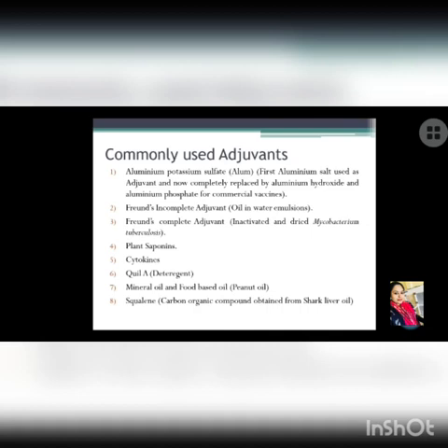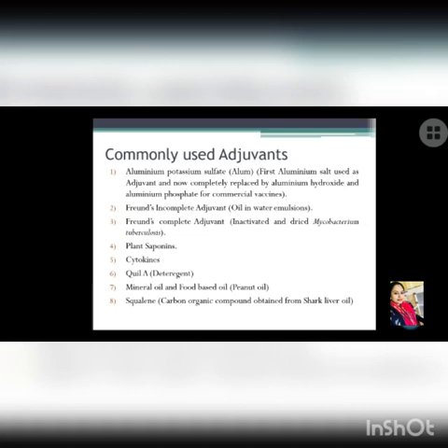There are other adjuvants called FIA and FCA. FIA stands for Freund's Incomplete Adjuvant, which is an oil-in-water emulsion, and another commonly used adjuvant is Freund's Complete Adjuvant, which is inactivated and dried Mycobacterium tuberculosis. It also elicits and increases the immune response.